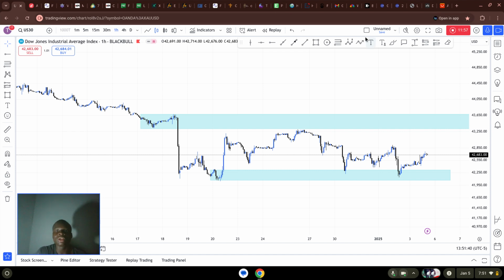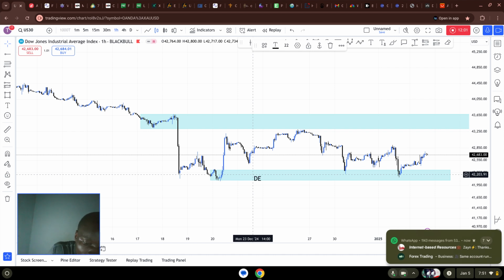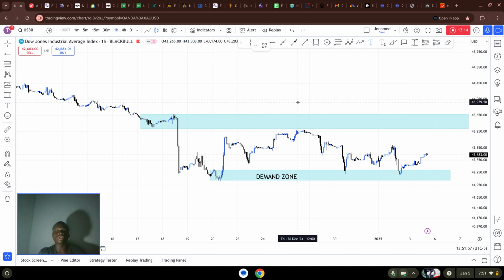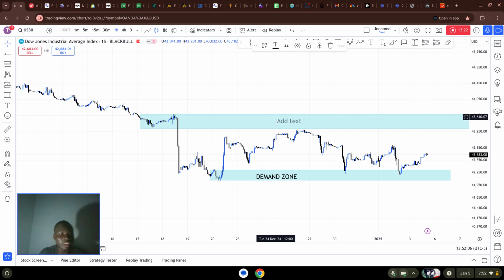So that's our demand zone, and this is our supply zone, right? If you're checking for demand or supply zones, look for consolidation and outlier candles, those big candles. Those are where the big banks and institutional traders are standing.